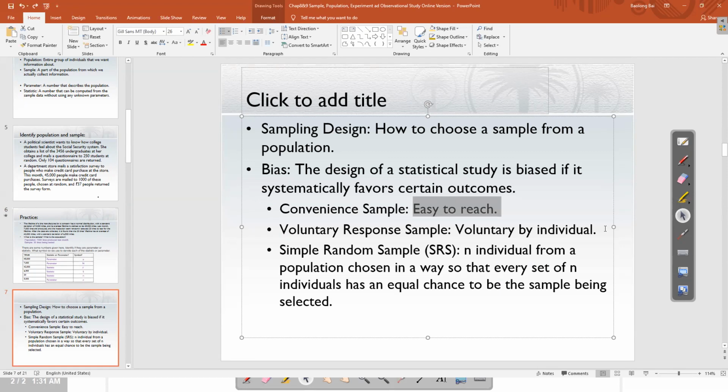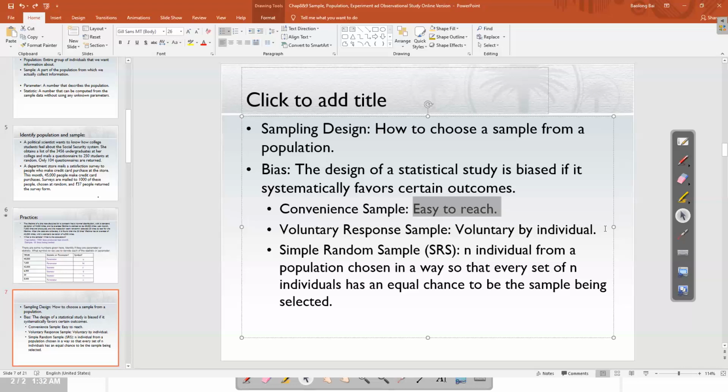Then, one way to draw the sample is, you need to get everyone's phone number or email and send them a survey, and ask them to fill it. But that could be pretty hard, right?